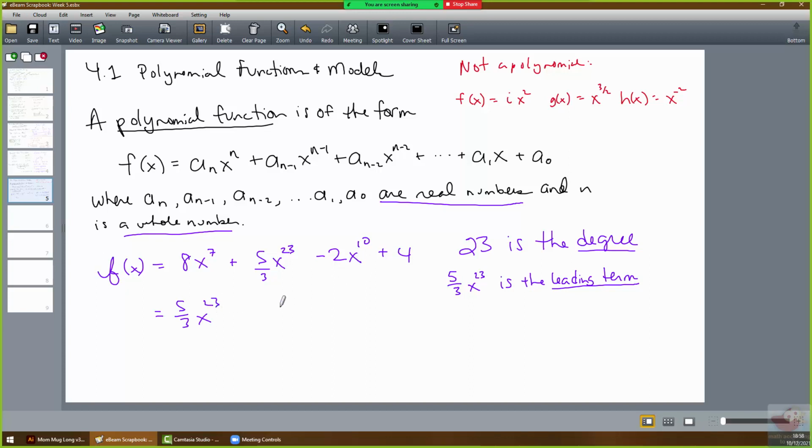Then the next highest exponent is 10, so minus 2x to the 10. Then the next highest exponent is 7, and then the constant is 4, and that's last. So we like when our leading term is first, but it does not have to be. The coefficient of the leading term in this case is 5/3, and we call that the leading coefficient.